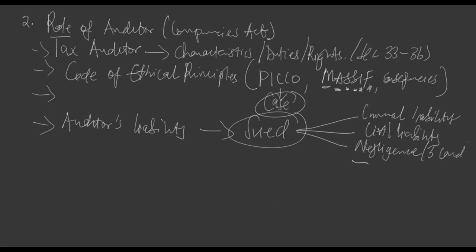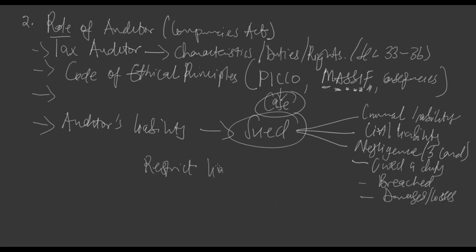So there are three conditions: one, the auditor owed somebody a duty of care; the duty was breached; and as a result, the person suffered some damages or losses. So these are the things that you need to actually look out for. Then you also need to look at ways to restrict the auditor's liability, okay? Ways to restrict liability.